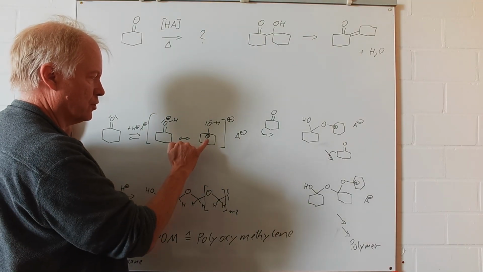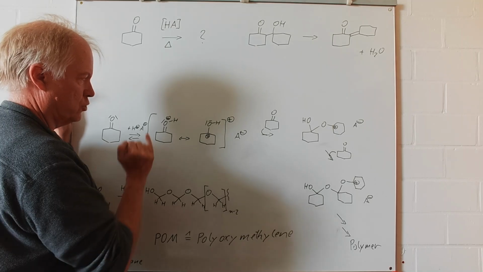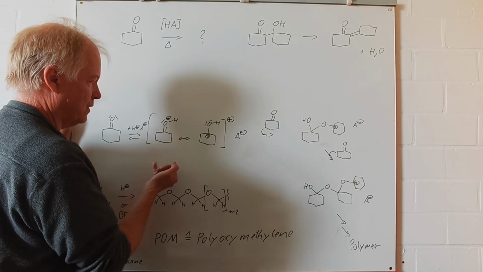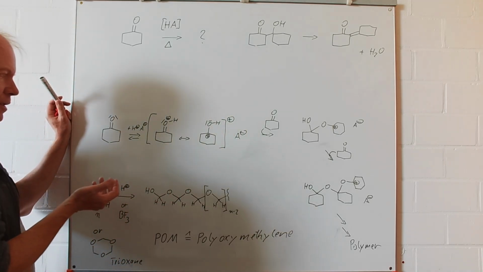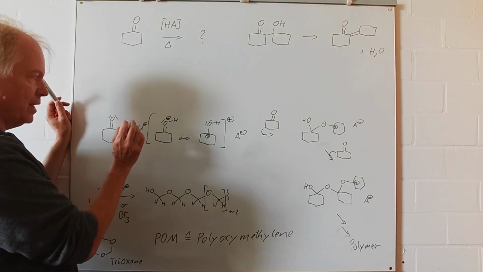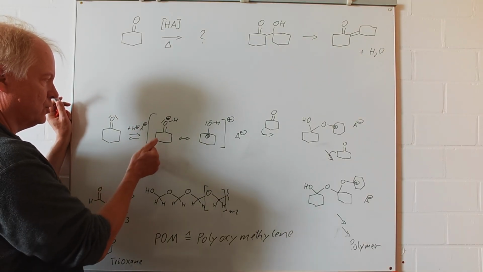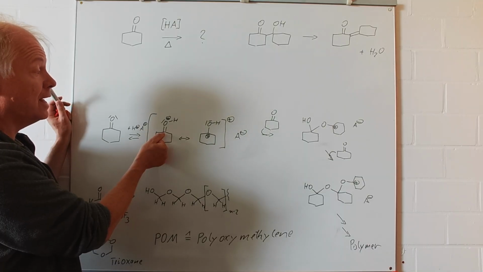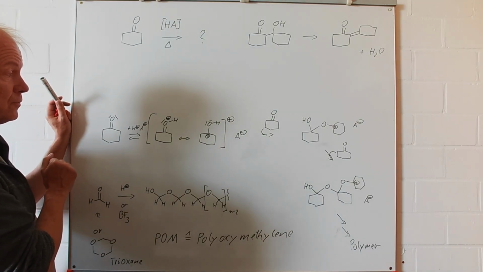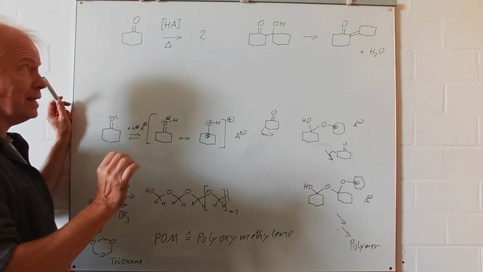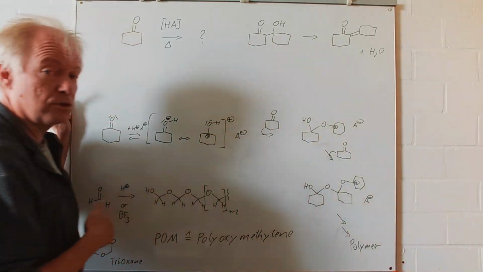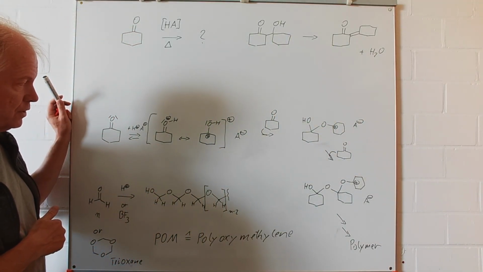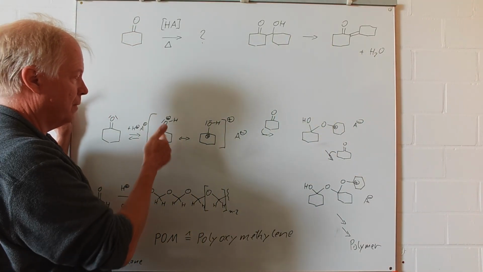Mesomeric structures, especially this one, show that we have an increased positive polarization of that carbon. This increases its electrophilicity.